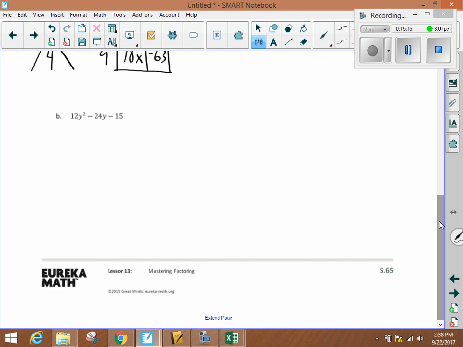Well, the first thing that I see is that these three terms have a common factor. It's 3. So I'm going to factor out a 3.